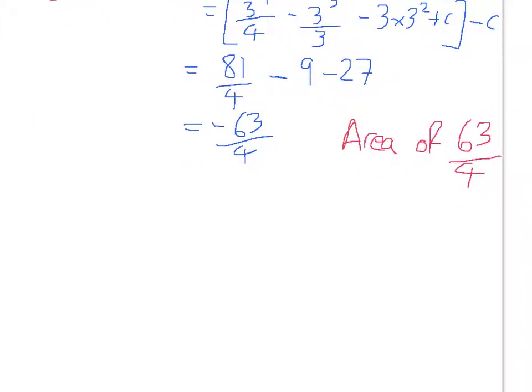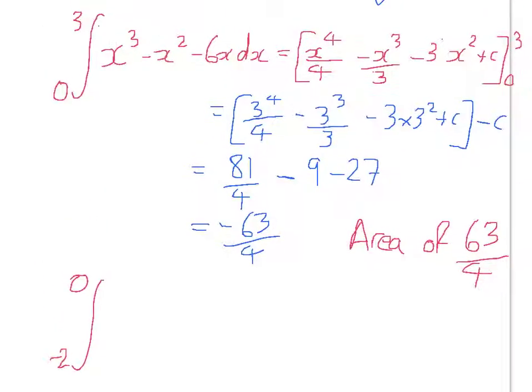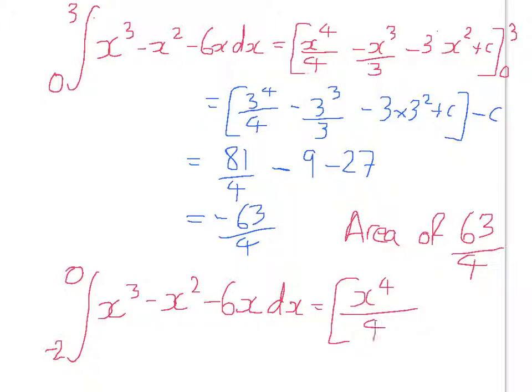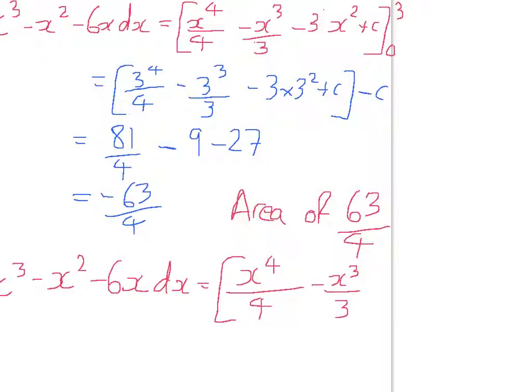So we're going to integrate between 0 and minus 2, and our equation is x cubed minus x squared minus 6x, sorry, and same integration as before, so let's give it x to the power 4 over 4 minus x cubed over 3 minus 3x squared plus c between 0 and minus 2.